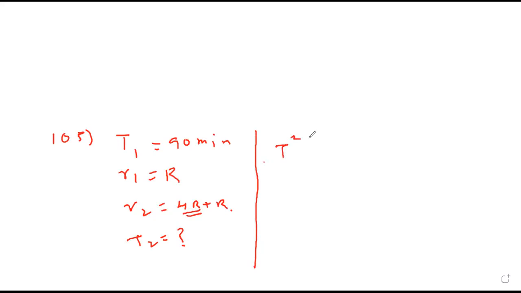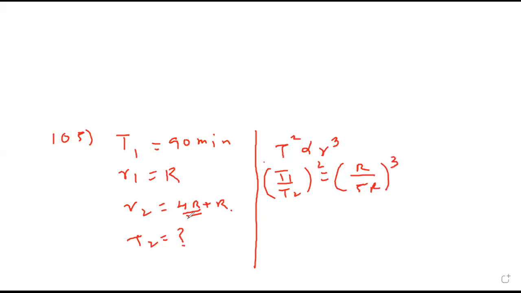Can I say T square is proportional to r cube? Yes, sir. So T1 upon T2 the whole square is r upon 5r the whole cube.